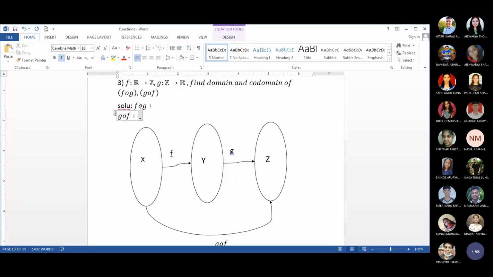What domain you said? R, real numbers. Okay. And codomain? R itself. Okay. And now what about f composed with g?